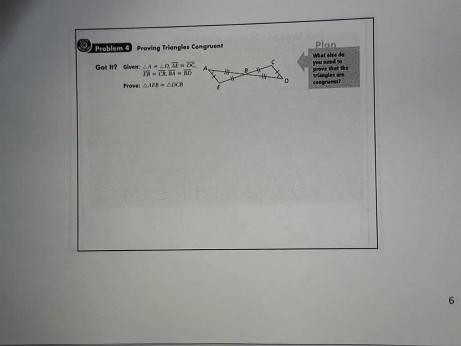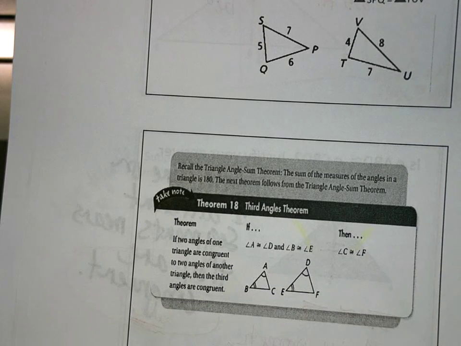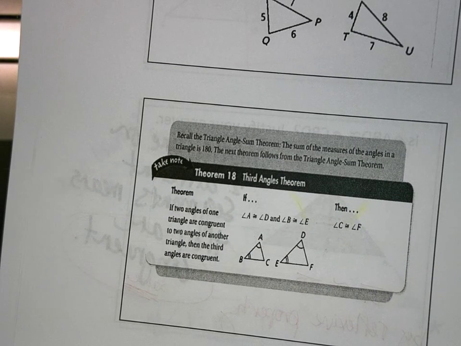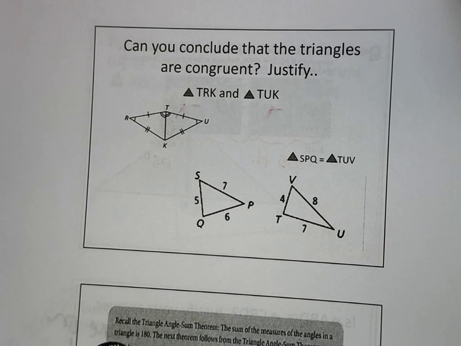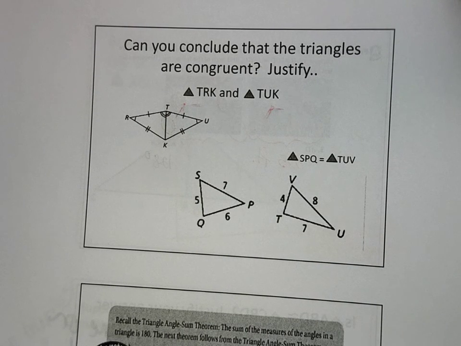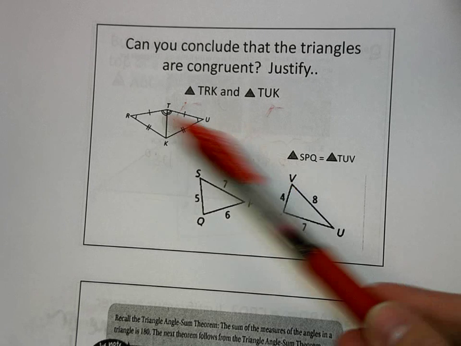We are starting to run out of time. So we are going to talk kind of quickly about these. Okay, this first one right here on top. Are those congruent?